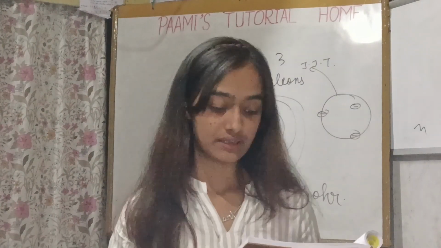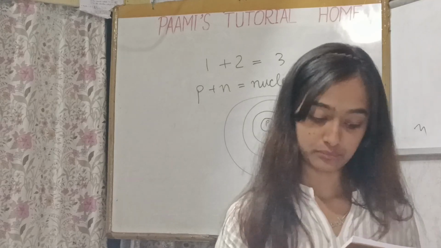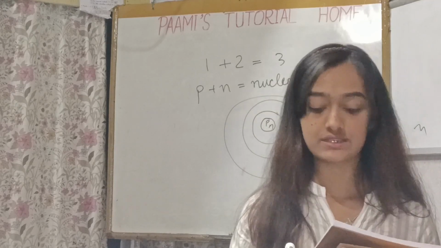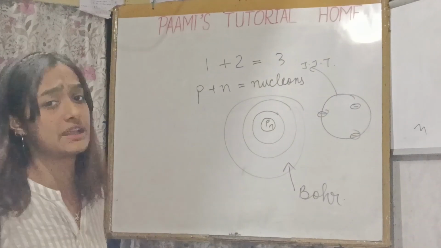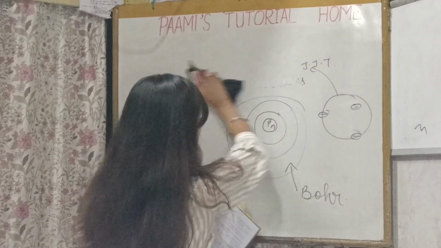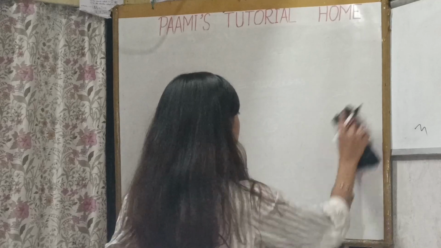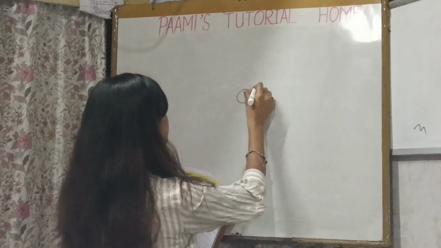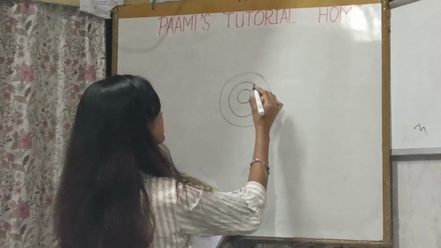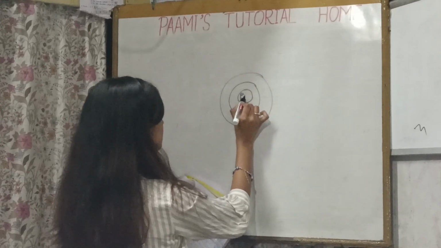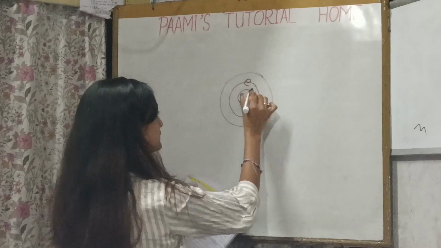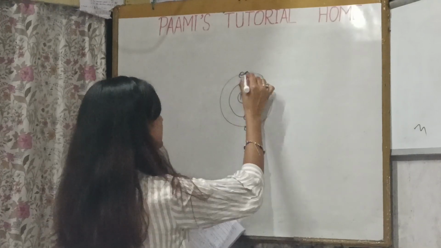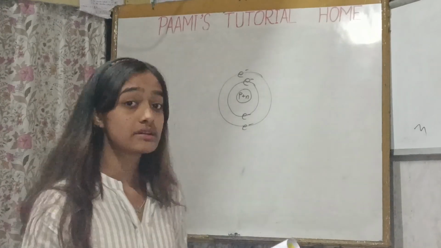Okay. The next: a neutron is formed by an electron and a proton combining together. Therefore, it is neutral. This is very, very false. Let's see how. This is the structure of an atom, right? What do we find inside? Protons and neutrons. Outside revolve the electrons, correct? What did the question say?